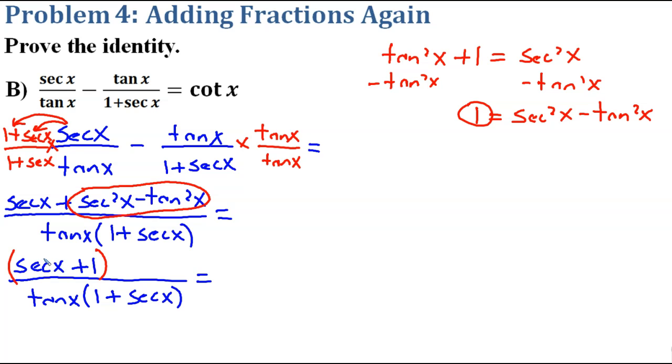So secant x plus 1, 1 plus secant x, same thing. They cancel out. So what I have then is 1 over tangent x, which we know is just cotangent x. And yep, that's what I'm shooting for. So I worked that other side. My proof is done.